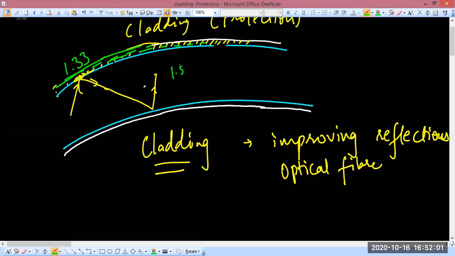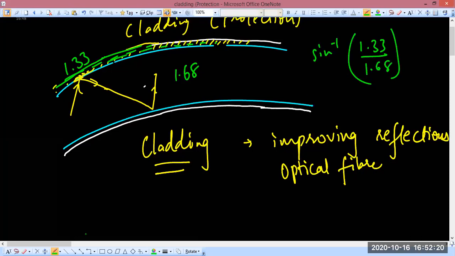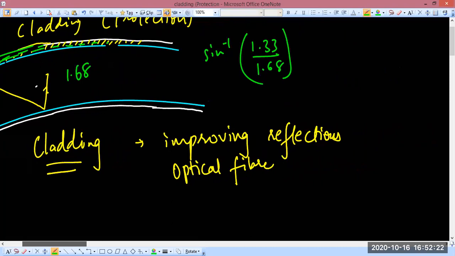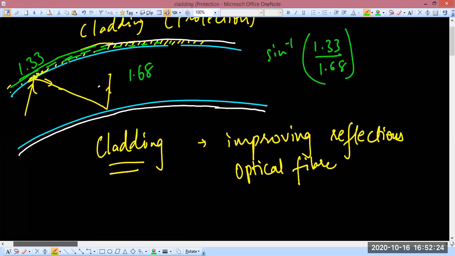And this would have about 1.5 because it's similar to glass or quartz, actually, we just solved a question where 1.68 was given. So if the outside refractive index becomes 1.33, then the critical angle will become this. Okay, right? Then the critical angle will become this.